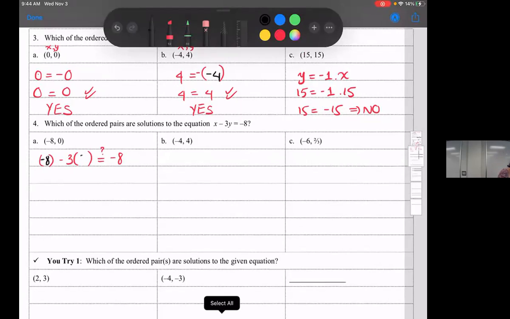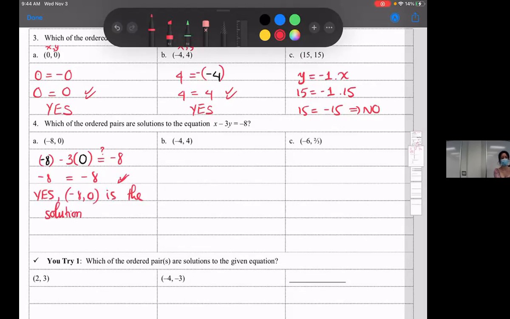What's the value for y? 0. See, if you do it like this, you're less likely to make mistakes. So -8, -3 times 0, 0, is equal to -8. So yes, right? So we say that yes, -8, 0 is the solution to that equation.